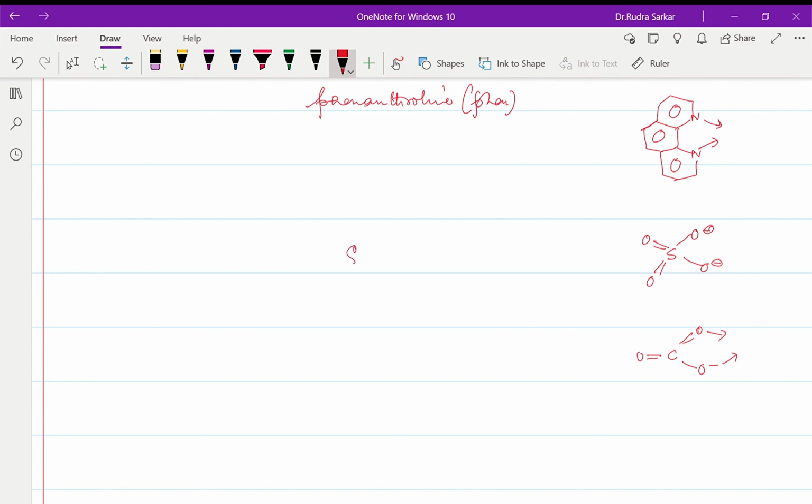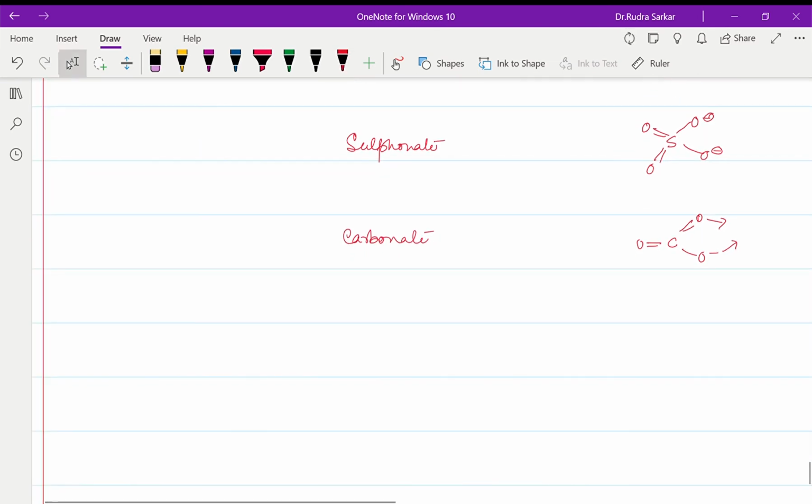Okay, so this is sulfonate, carbonate. All right. Something like this. This is also acting as a bidentate ligand.